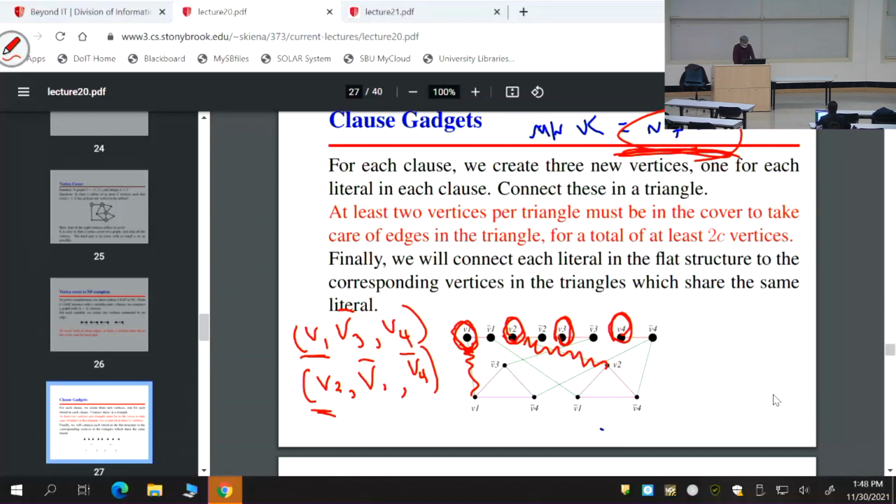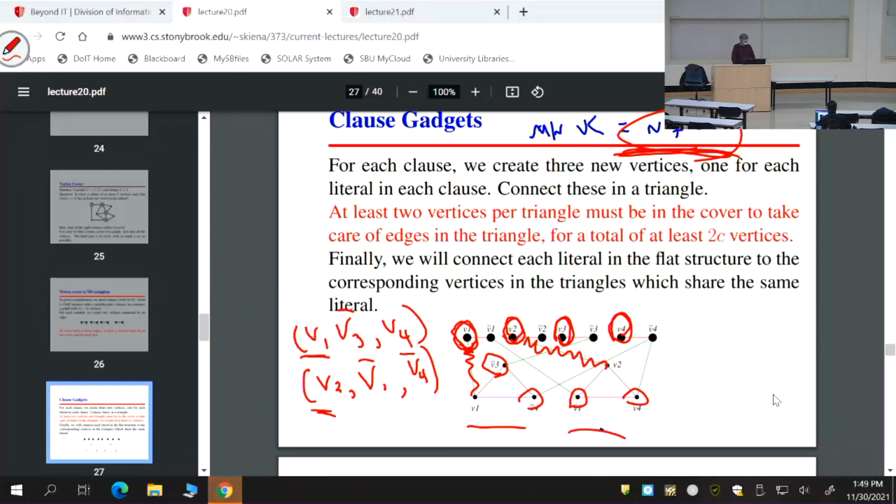How do I now cover the rest of the edges using two vertices per clause? Does everybody see that if I pick this and this, and this and this, all the edges in the vertex cover problem are covered? Okay? I need to have two vertices per triangle.